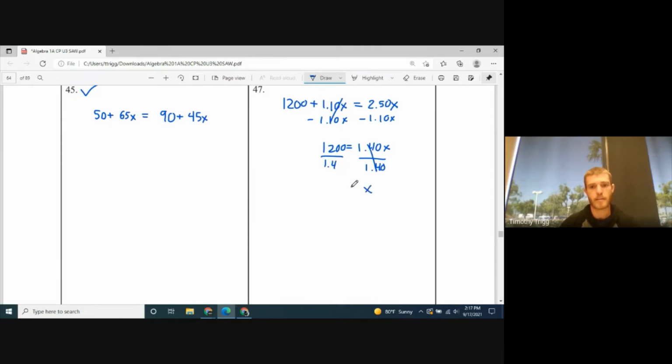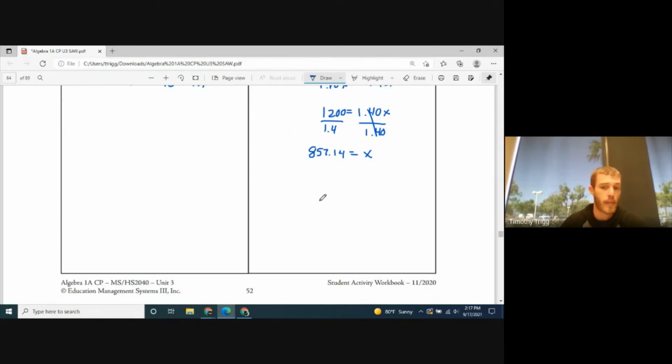That'll give us that x equals $857.14. So we could just say that they would have to sell more than 857 bottles of juice in order to start making a profit.